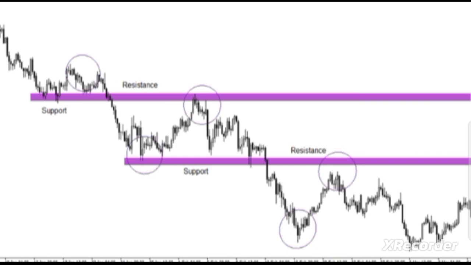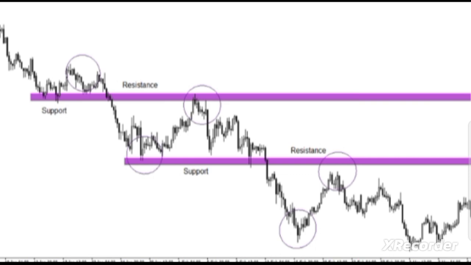Now, support is a price level on the chart where buying pressure tends to stop the price from falling. Support is a price level, an area on the chart where the pressure of buyers tends to stop the price that is dumping. When a price is dumping, it will dump to a particular level in the market where it will bounce.